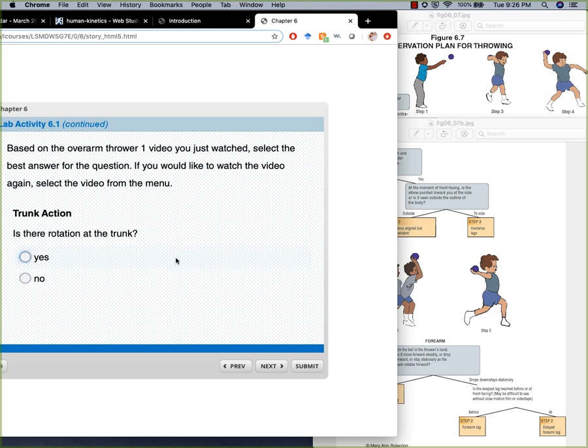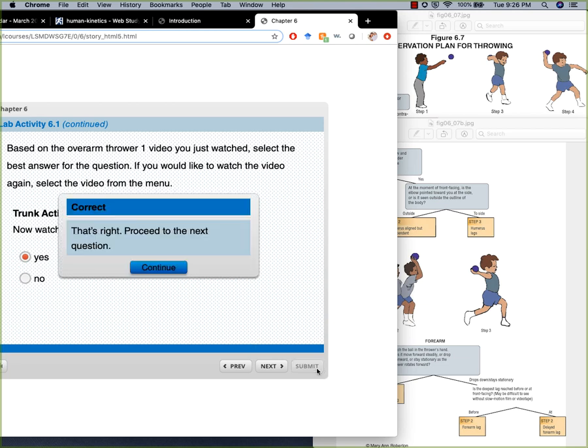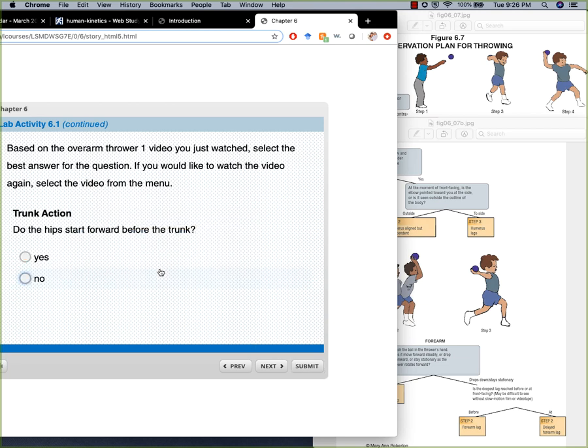Now for the trunk action, the trunk did rotate. And we also saw that the hips rotated. But the hips did not rotate forward before the trunk.